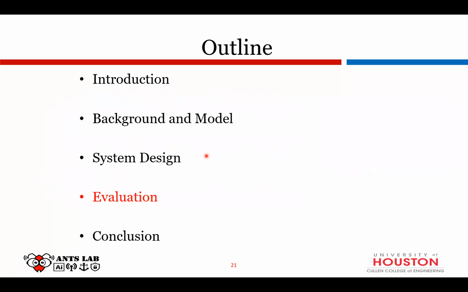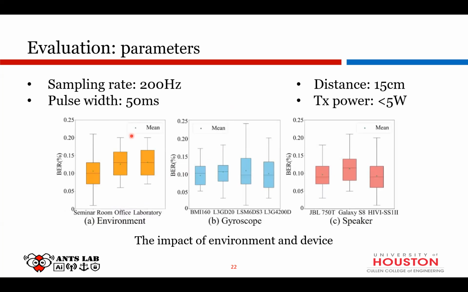And finally, we can move to the evaluation. At first, they give us some fixed parameters. For example, the sampling rate is fixed at 200 Hertz. Don't be surprised with this number, because the gyroscope deals with low frequency signals, so the sampling rate is actually really small.